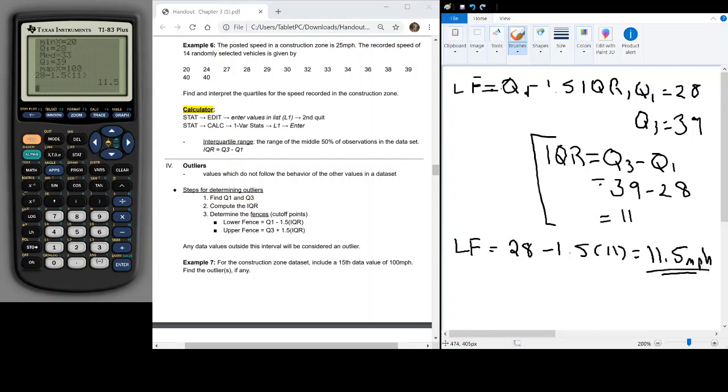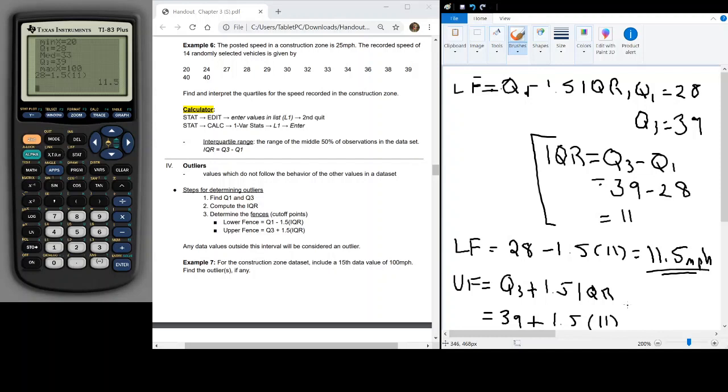Likewise, we'll calculate the upper fence. The upper fence is equal to Q3 plus 1.5 IQR. So that's going to be Q3, which is 39, plus 1.5 times the IQR, which is 11.